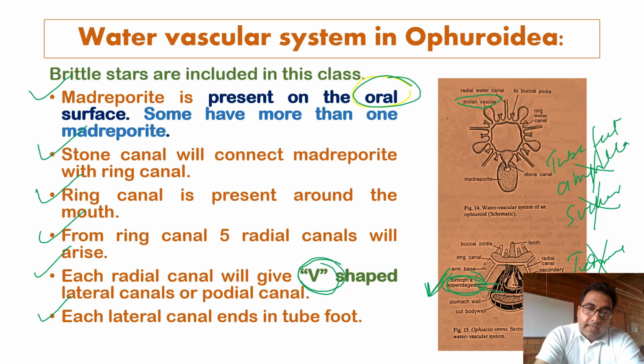And the radial canal gives rise to the podial canal or the lateral canal, which is V-shaped. So this is the important characteristic feature in the case of Ophiuroidea. In this case, the entire water vascular system is lined by ciliated peritoneum.